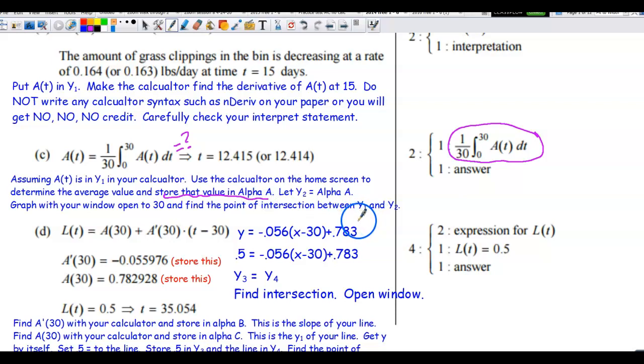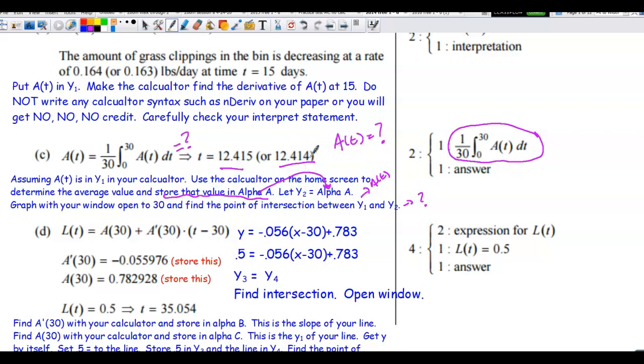And then remember they said when is the amount of grass clippings, so we're going to let y number 2 equal to alpha A, whatever number you stored in there, and we're going to figure out when does A of t equal to that average amount that you stored in alpha A. So we're going to graph with our window open to 30, because that is our interval from 0 to 30, and we're going to find the point of intersection between y1, which is a of t, and y2, which is the average value that you found using your calculator, and you'll find that occurs at 12.415 or 12.414 days.